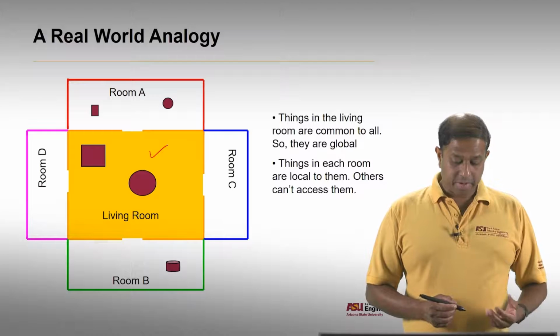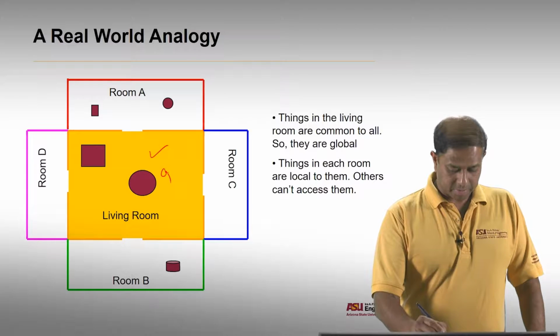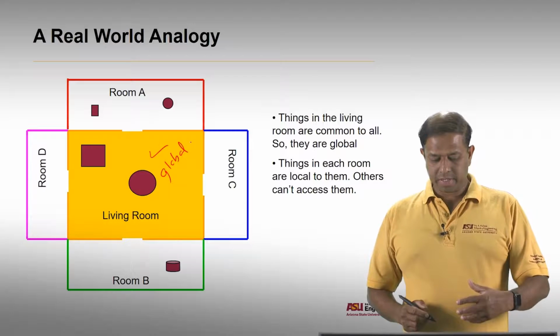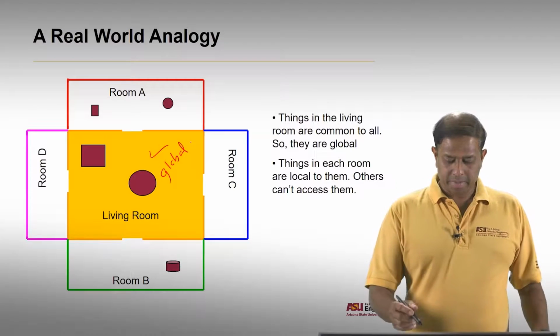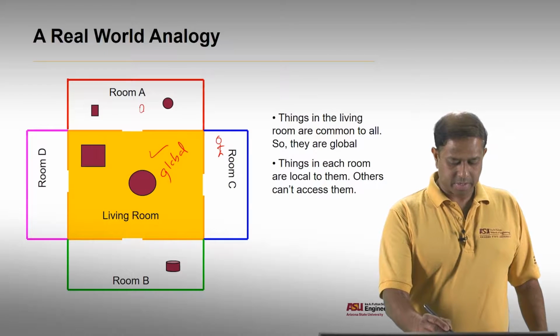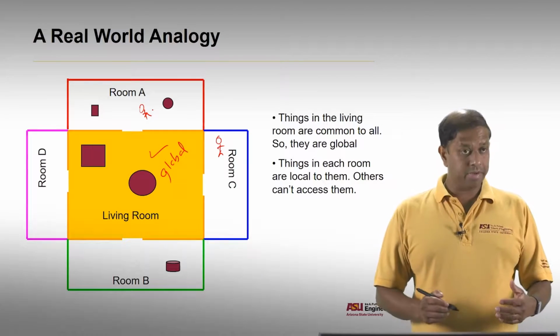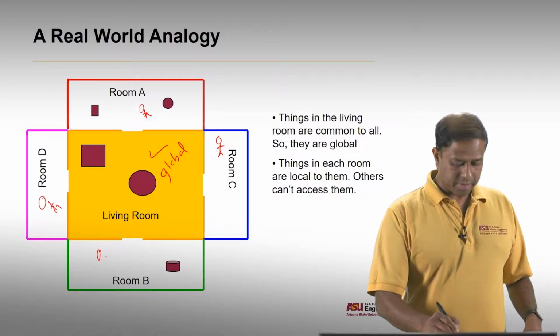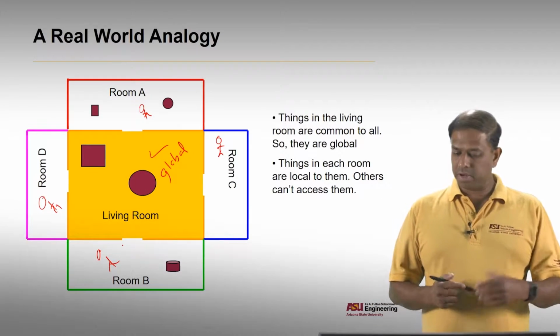You can think about the living room as a global area. Whatever things are in the living room area can be accessed by anybody living in these rooms, right? Let's say there's a TV in the living room area. Anybody in these rooms can come to the living room area and watch the TV.